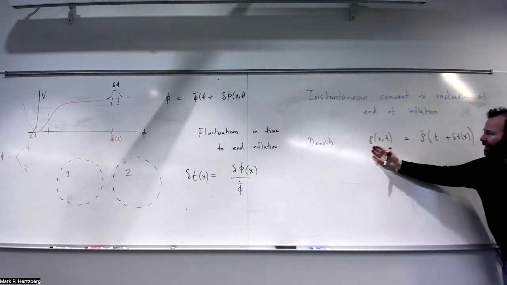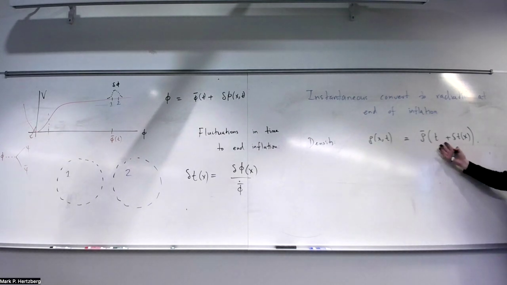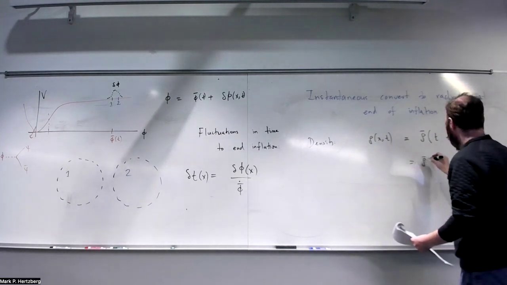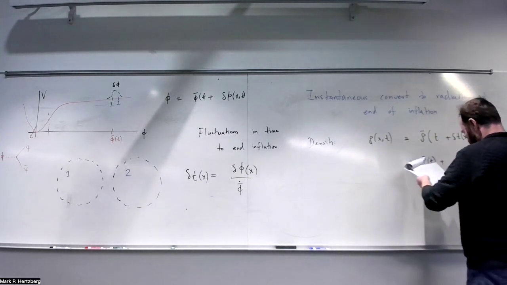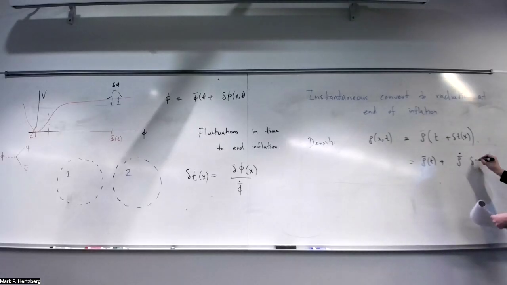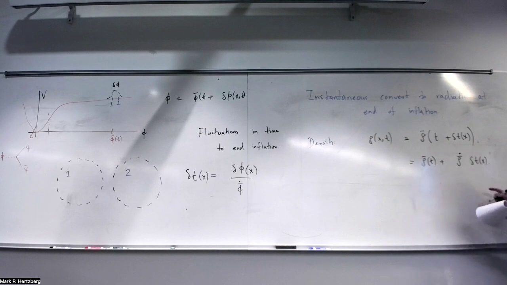The full density distribution is kind of the mean value, but with a time delay or a time shift, depending on where you start in the potential. Okay, so if this is small, we can Taylor expand and write this as rho bar of t plus rho bar dot times delta t. Okay, it's first order Taylor expansion.